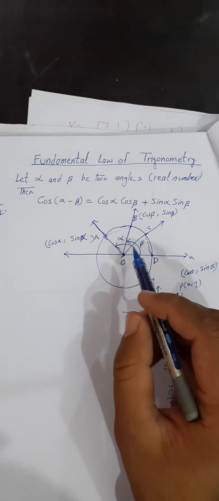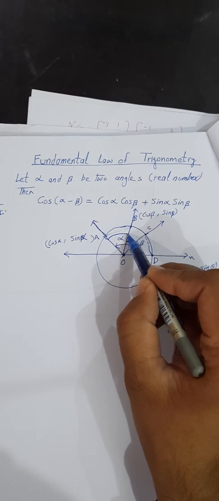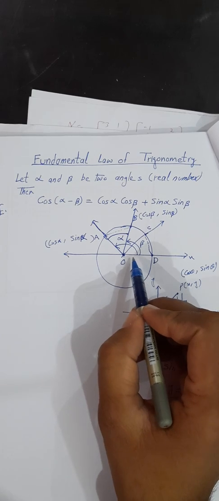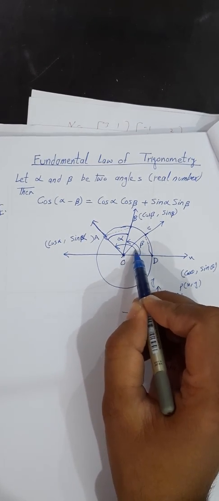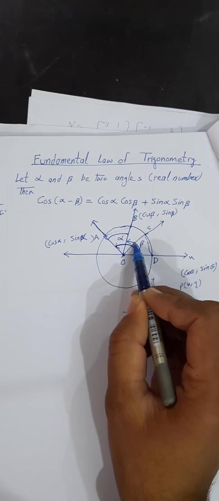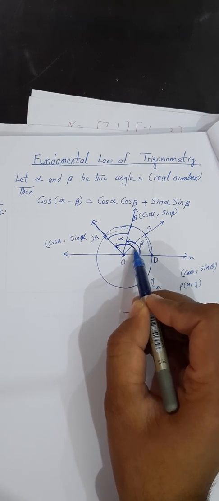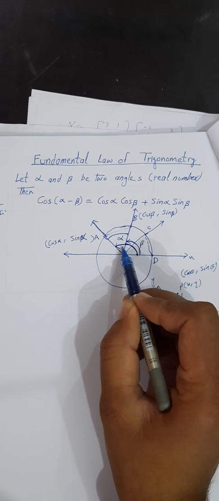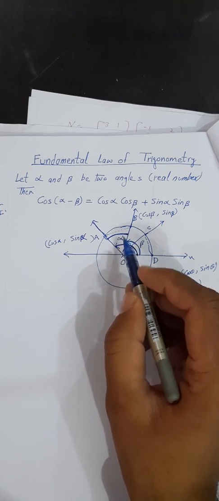Now, first we calculate the angle from A to B. We know very well that OA makes an angle alpha, and this is angle beta. From this point to this point, this angle is beta. If we subtract beta from alpha, then we get this angle. This is alpha minus beta.